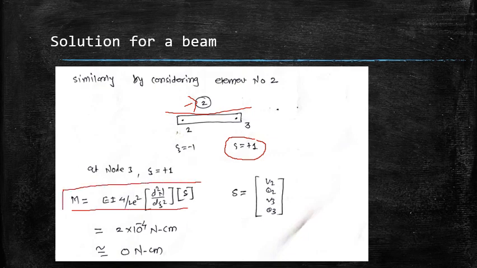Again, by substituting zeta equal to 1 into d2N by d zeta square, where N1, N2, N3, N4 are known functions of zeta, this M comes out to be this much. It is very small in magnitude, so as I also know the geometry of loading and what type of loading the beam is subjected to, I will consider it as 0, because this is very small, so I can neglect it.